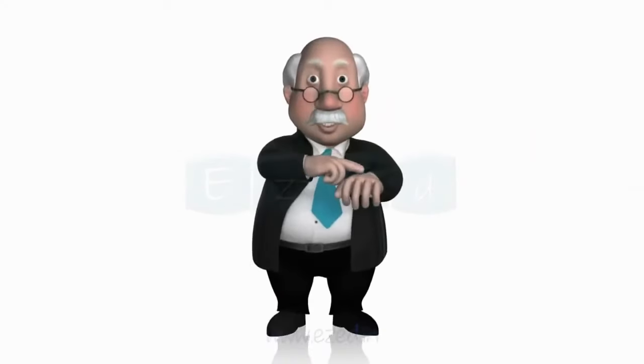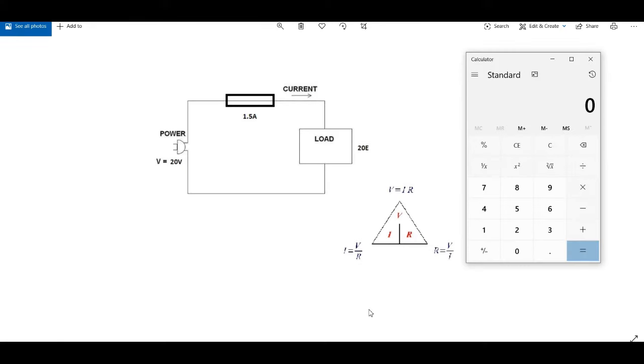Now it's time to concentrate. Come to this picture for calculating the fuse rating. As per Ohm's law, we have to calculate the fuse rating. For example, the input voltage is 20 volts and our actual load resistance is 20 ohms.